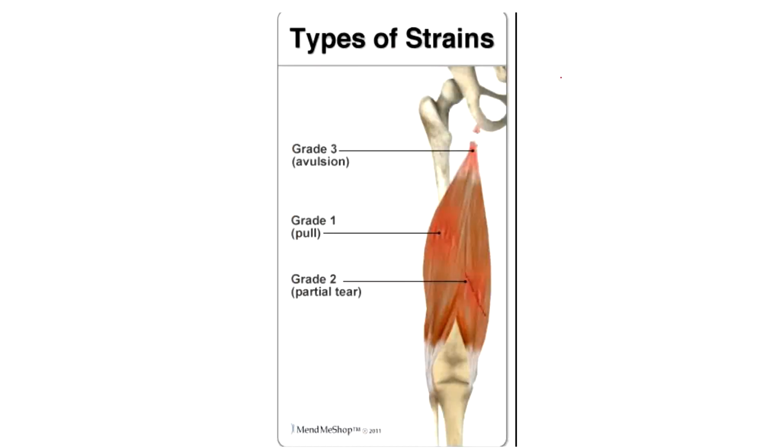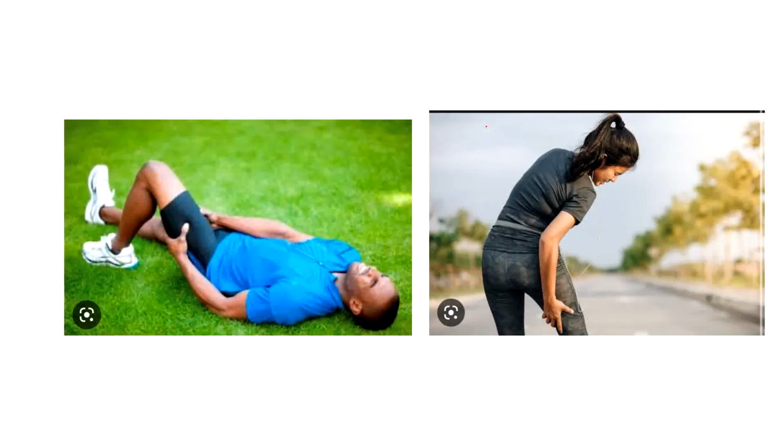So the type of strains are divided into three grades. Grade 1 is pull of a muscle, that is muscle spasm. Grade 2 is tear in the muscle. Grade 3 is complete avulsion of muscle from the bone. So what are the causes?